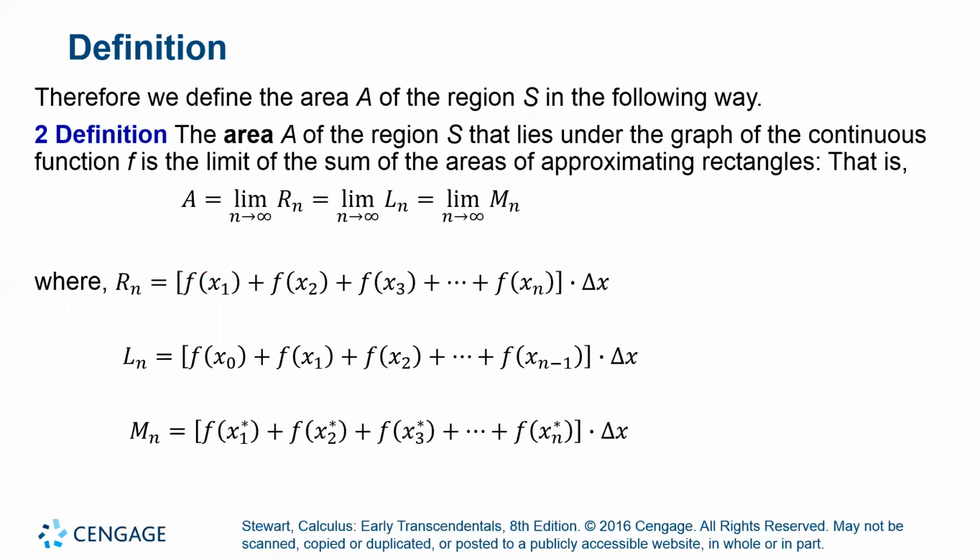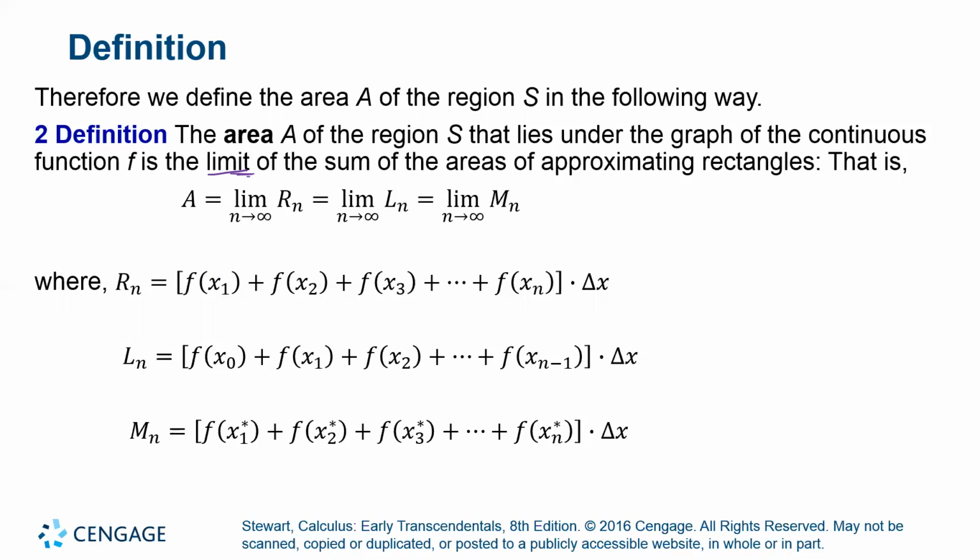And what does it say? Therefore, we define the area of the region S in the following way. The area A of the region that lies under the graph of a continuous function f is the limit. Remember, we use the limit, which we find in chapter 2.